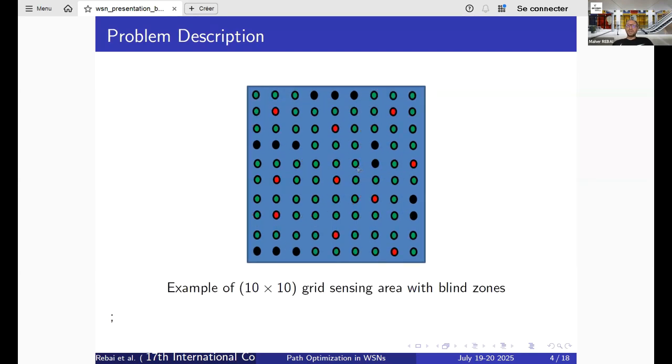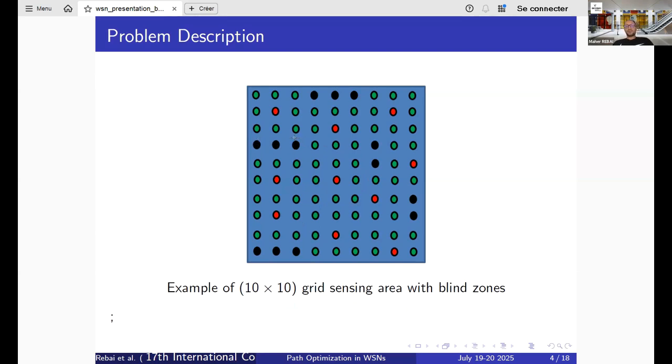Due to many problems that can occur, like sensor failures or energy depletion, or also suboptimal initial deployment, a certain region may remain uncovered.